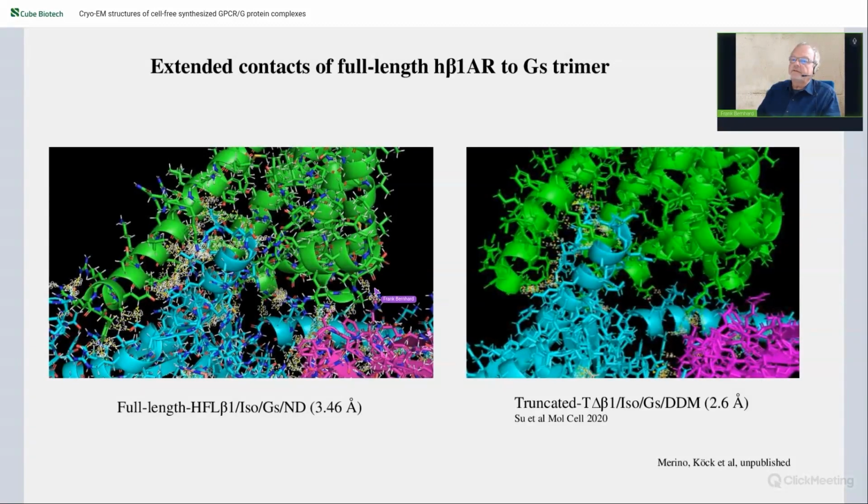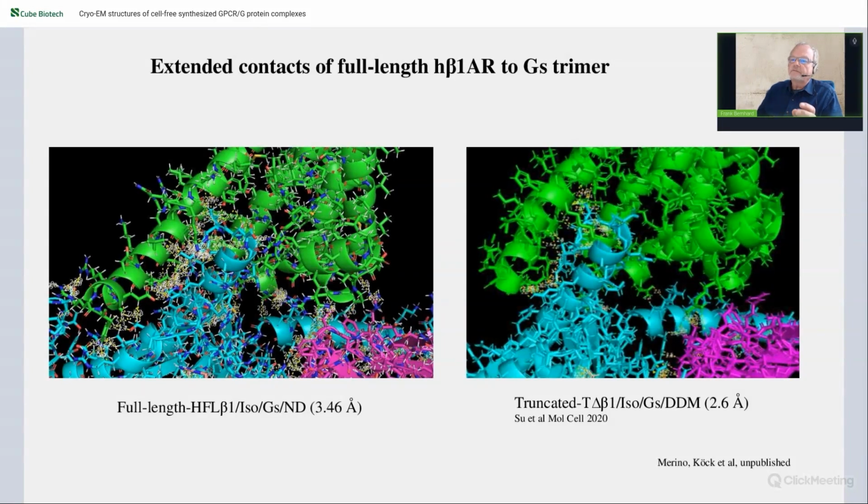And also we have the elongated helix 8, which has another orientation because of the constraints of the attached C-terminal domain. We have contacts even to G beta, which is very rarely observed in GPCR G protein complexes. So indeed, it makes a difference whether you analyze a full-length or a truncated receptor.